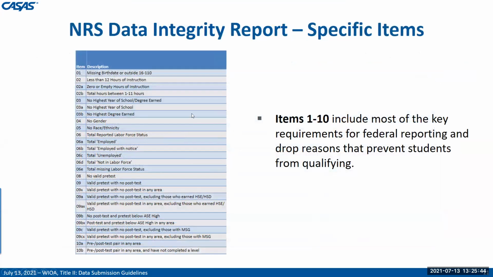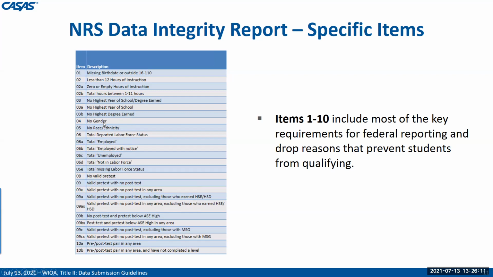Now, these items here from 01 to item number 10, as you see, we have some new items in the DIR from our last build. Items 1 through 10 include most of the key requirements for federal reporting towards the NRS, and it will give you drop reasons that prevent any students from qualifying.